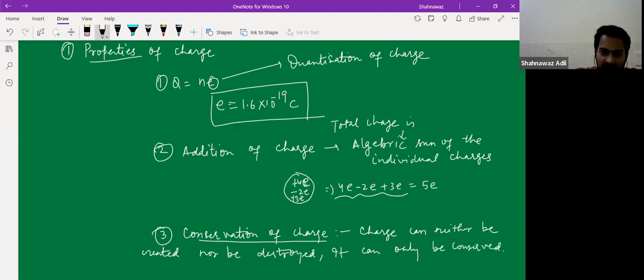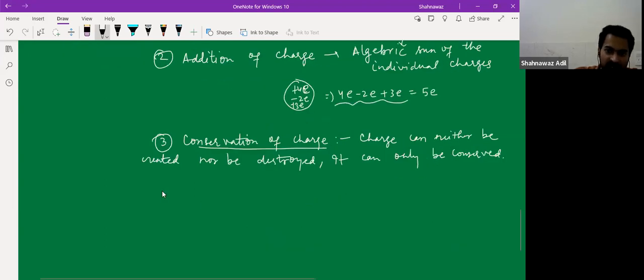Then we learned about the invariance of charges.